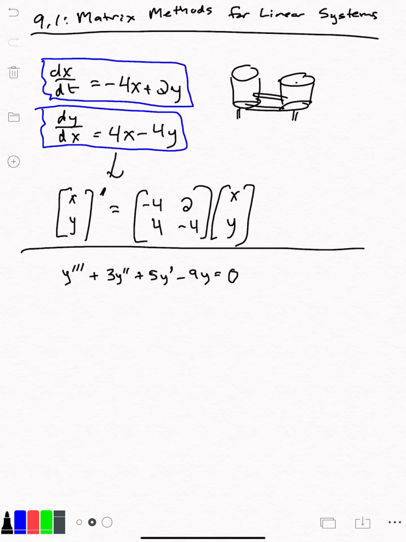However, what we can do instead is say that my new variable y1 is the original function y, my new variable y2 is the derivative of the unknown function, and my new variable y3 is the second derivative. If that's the case, then what happens if I take the derivative of each one of these?